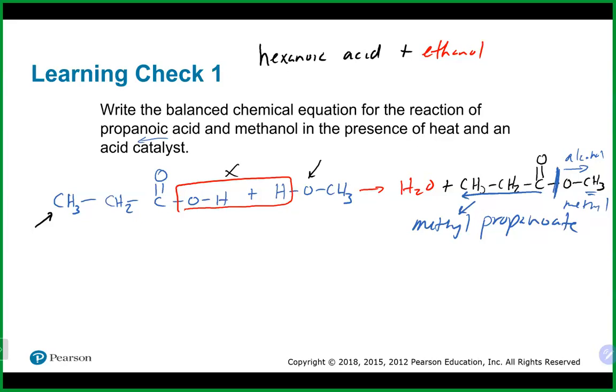Doing the one I made up there, which is hexanoic acid. So that's going to be hexane, and oic acid is going to be our carboxylic acid. That's going to be a 6 carbon carboxylic acid.